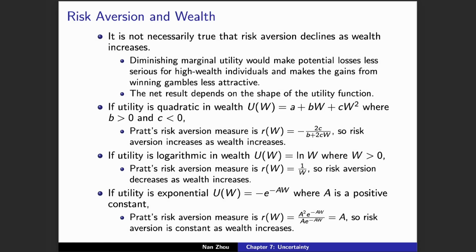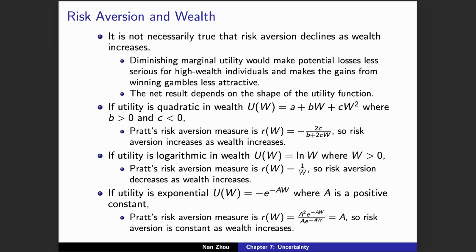It's often taken as given that as you become wealthier, you can more easily afford to take on risk, and so you become less averse to gambles that you would have avoided before. So it is true that the impact of losses is reduced at higher levels of wealth if you have diminishing marginal utility, but the same is also going to be true of gains, right?